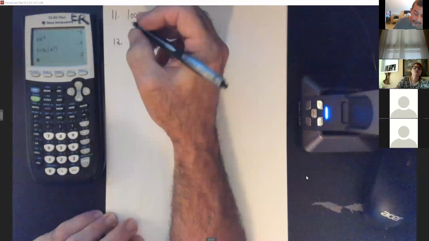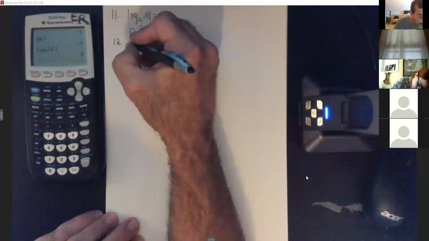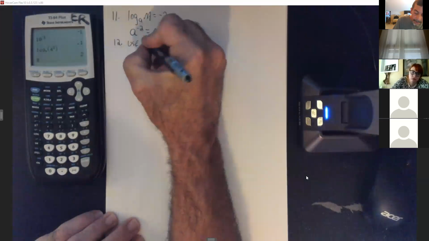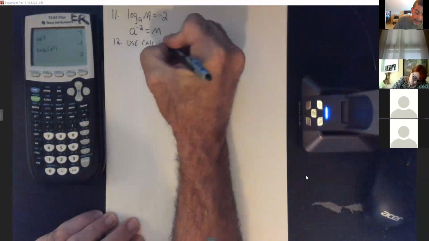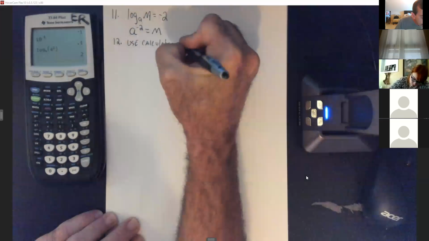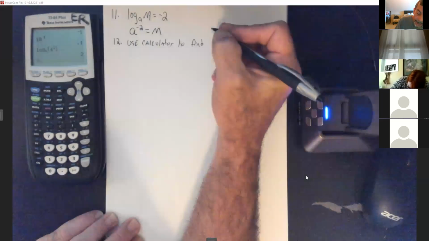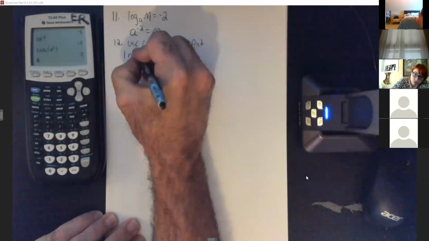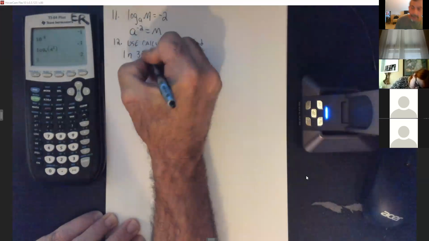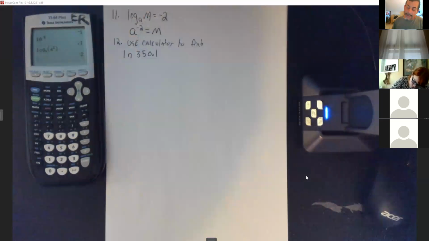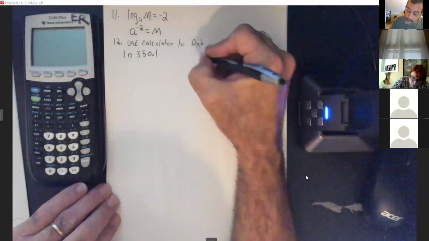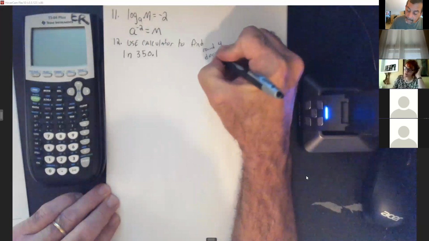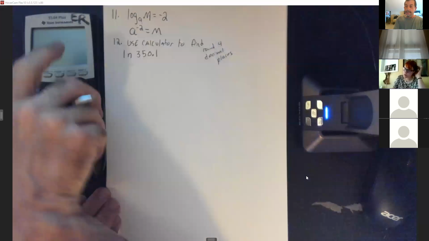All right, 12, we're just going to use the calculator. So we're going to use a calculator to find ln of 350.1. Now, I'm going to round these 4 decimal places. But y'all, these are just on the calculator.